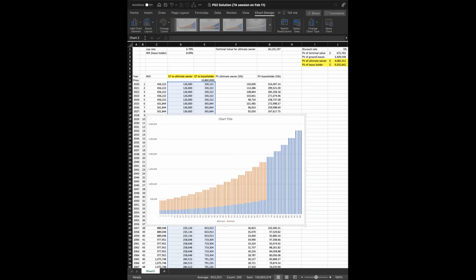So these two parts are relatively more volatile. You can argue which one is even more volatile, but those two are relatively more risky cash flows. The ground lease payment is the safest one.